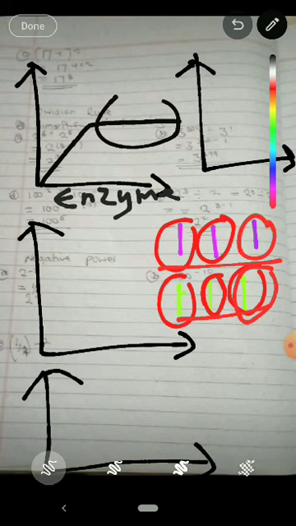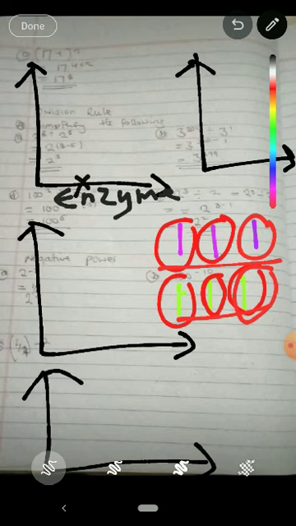That's why the graph is like this. Even if you are increasing the number of enzymes, for example, here, if I say this is a new increment in the enzyme concentration, the activity might be here, which means they are going to meet somewhere here. That's why the graph is like this.